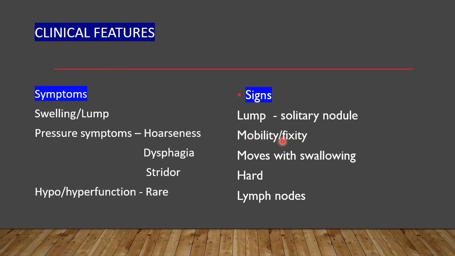The mobility and the fixity of this lump. Malignant lesions tend to be fixed. Whether it moves with swallowing, the consistency. Malignant nodules tend to be hard, and also the associated lymph nodes in malignant nodules.